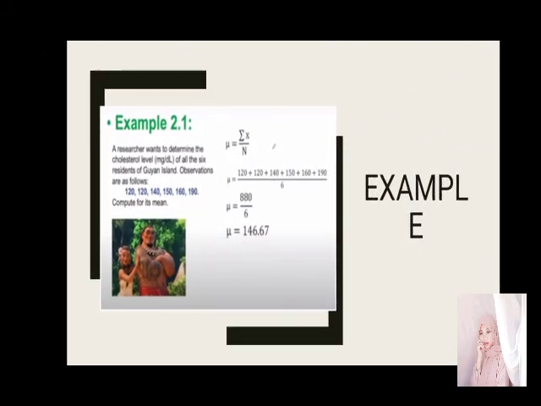In another example, a researcher wants to determine the cholesterol level of all 6 residents of Guyan Island, and we were asked to compute its mean. Since it stated that all the 6 residents are included, these are the population.